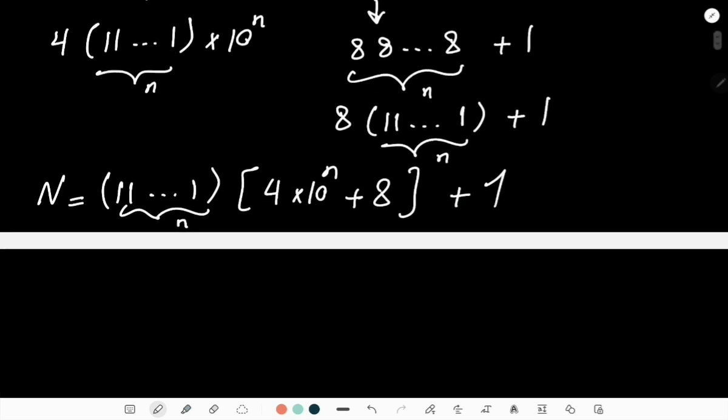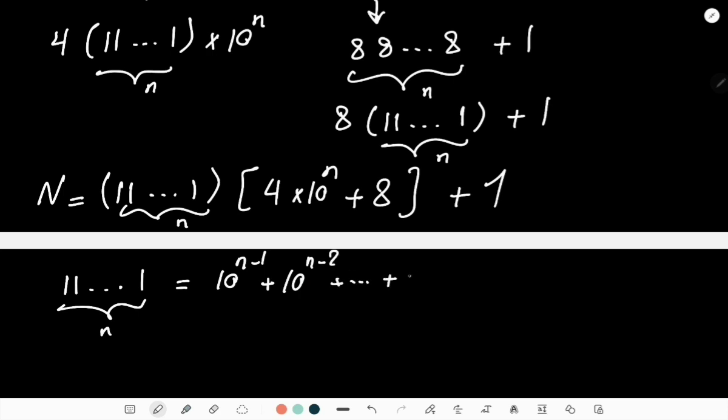So now we have to expand 1, 1, 1. How can we write that part? That part, 1, 1, 1 n times, can be written as 10 to the power of n minus 1 plus 10 to the power of n minus 2 plus and so on plus 1.